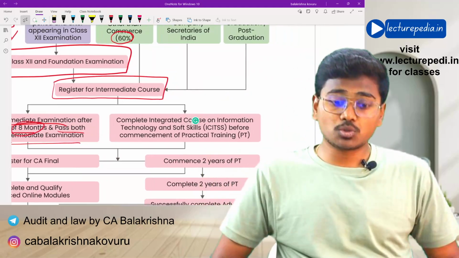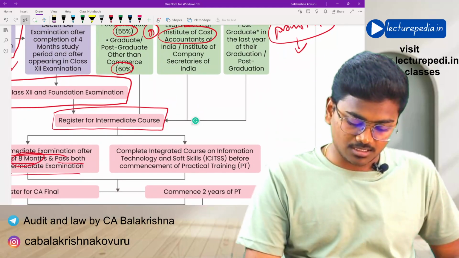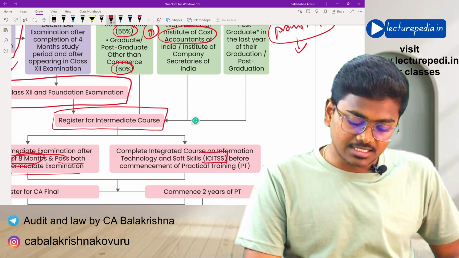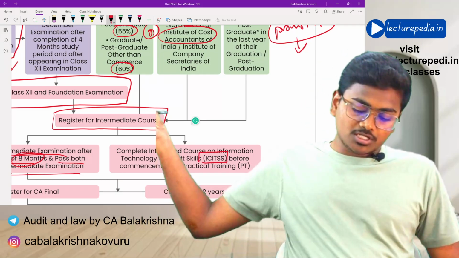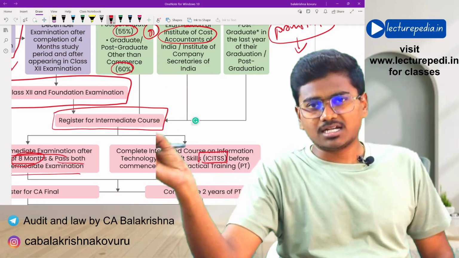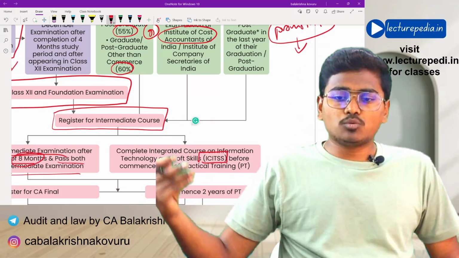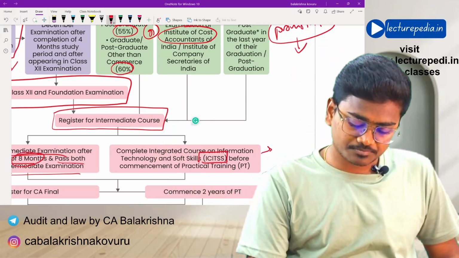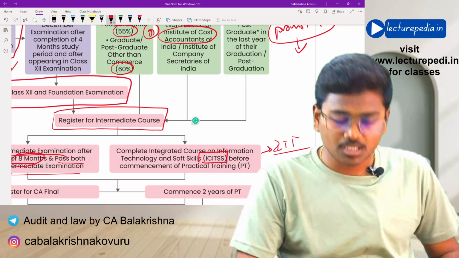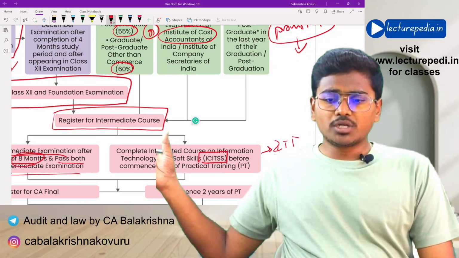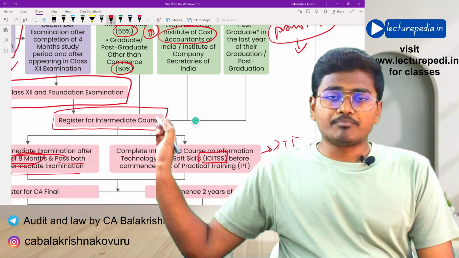And you should also complete a training by the name ICITSS, Integrated Course on Information Technology and Soft Skills. As of now, the name of this training is ITT, and there is no requirement regarding the MCS.